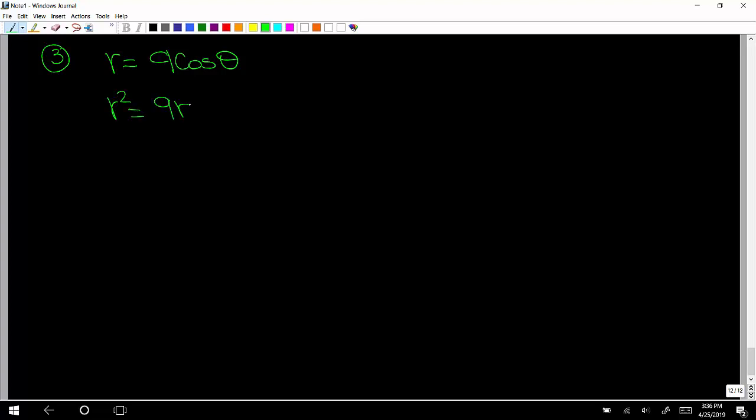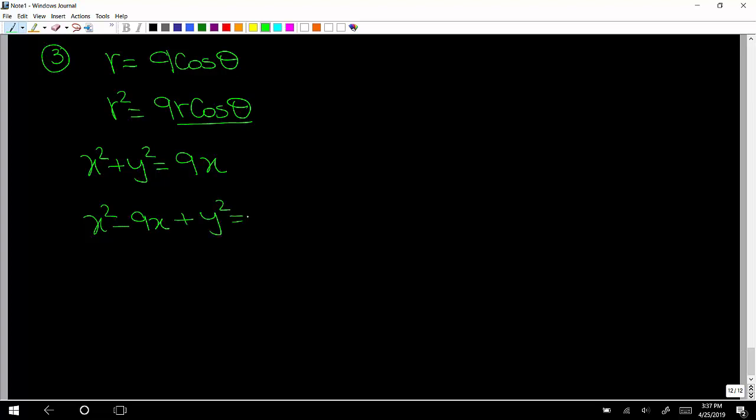So I get r squared is 9r cosine theta. Now I can replace r squared with x squared plus y squared, and r cosine theta with x. I'll move that x to the opposite side. Okay. And then we'll complete the squares for this.